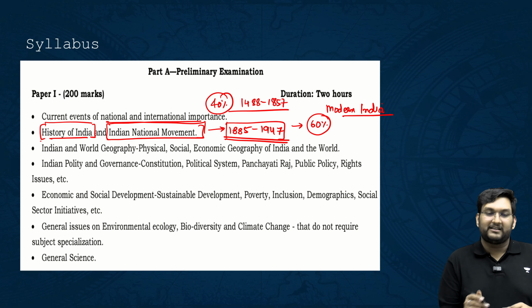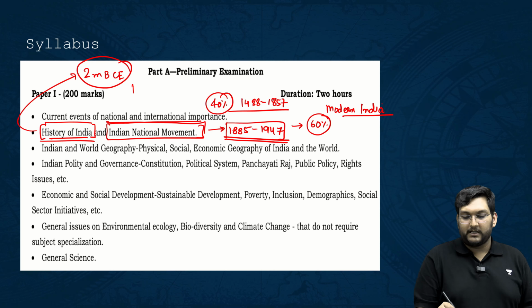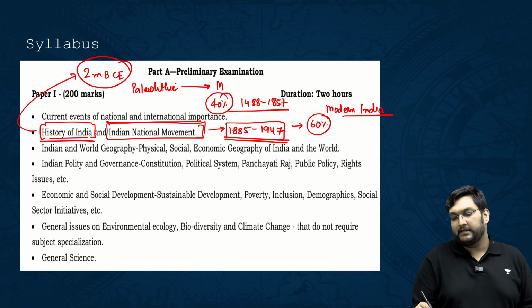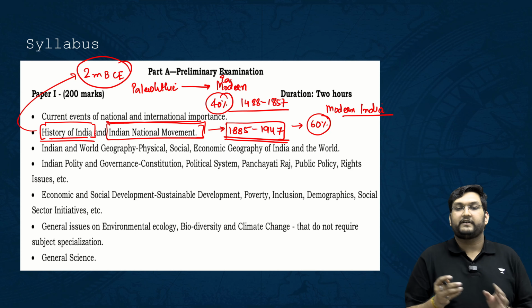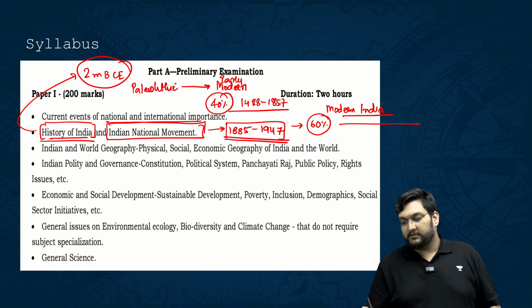And here, this is the vaguest you can possibly be, but we start at 2 million BCE, that too specifically with Paleolithic, and thereafter we go on till the pre-British expansion, which is the early modern period of the 18th century. So everything comes under this, and therefore based on this, on an average 15 questions.